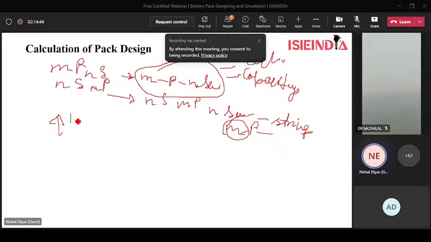In the NSMP configuration, there will be voltage addition only. Capacity will only add after the strings are connected. And this is how the cells are designed and configured for the battery pack as well.